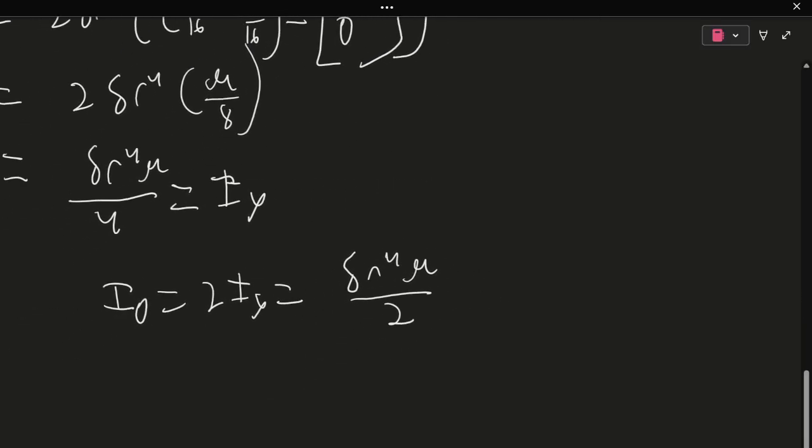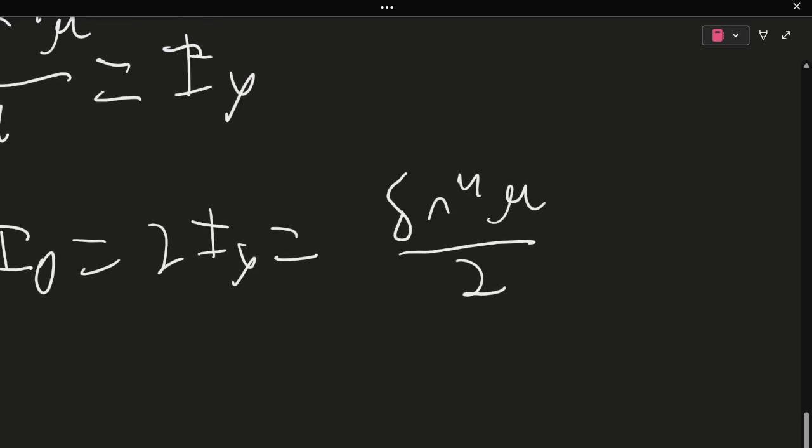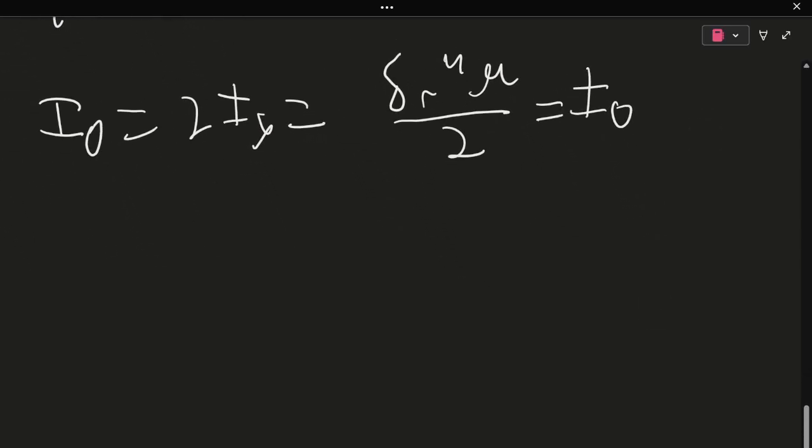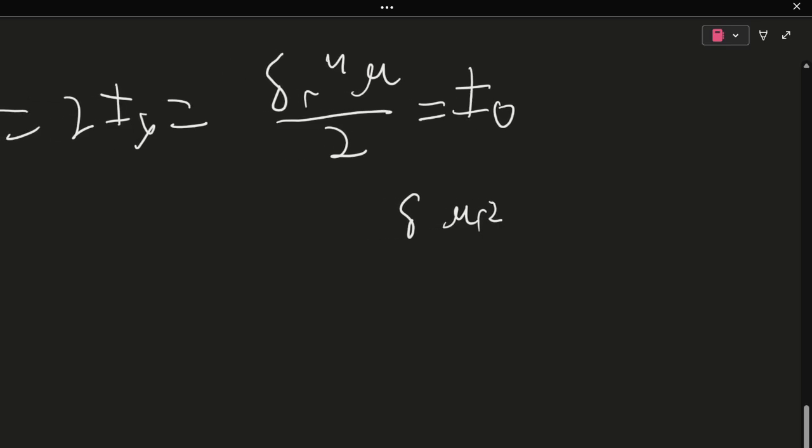Alrighty. So that is going to be our moment of inertia about the origin for a general circle, depending on what your r value is. But we can also go one step further and say that, all right, density of a circle is going to be equal to mass over pi r squared.